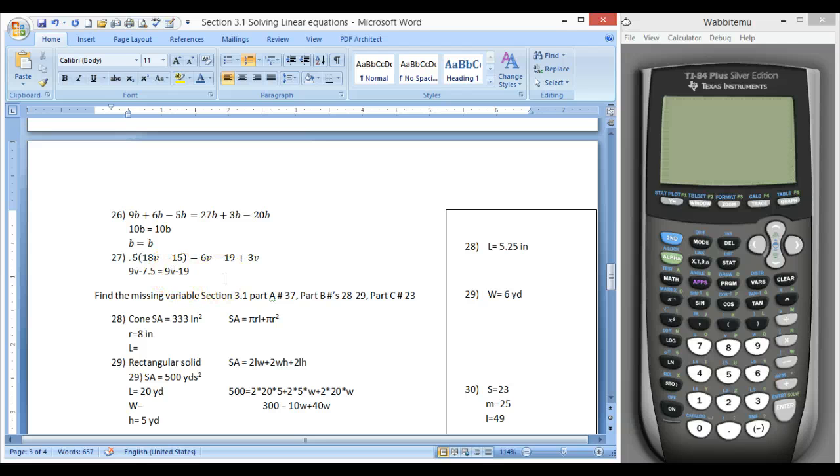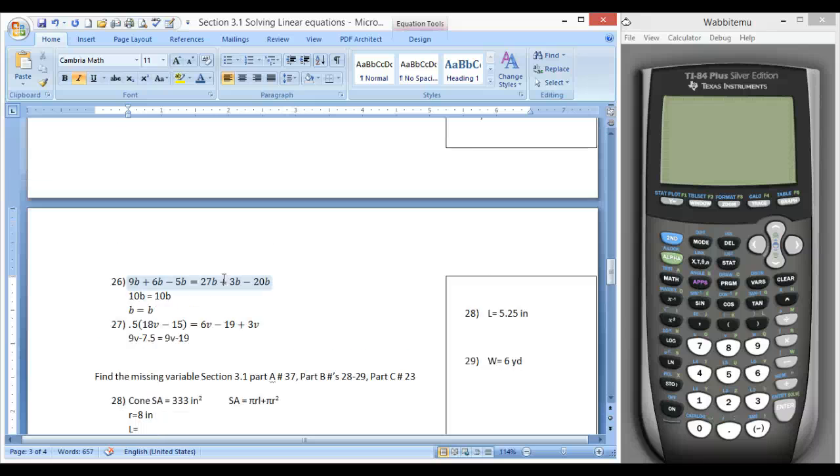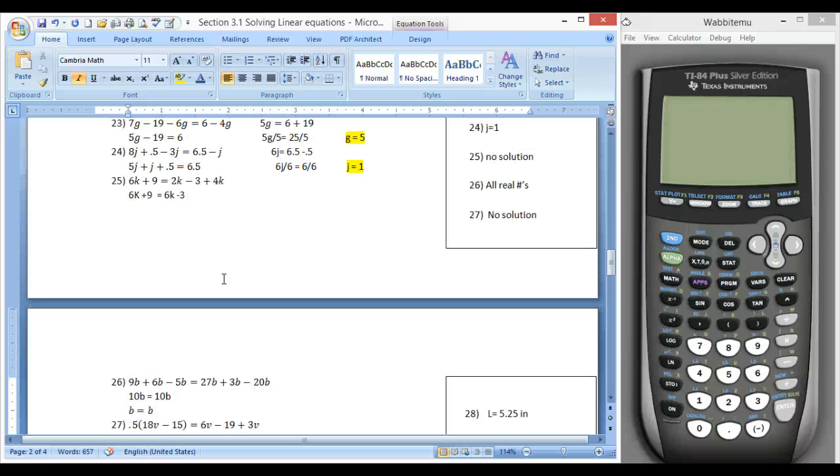That can't happen. I can't have a number multiplied by 9 and subtract different amounts and still end up with an equal sign. But some of you would like to go a step further, and that's fine. It's totally up to you, as long as you understand that when you end up with a crazy equal sign that it doesn't equal, then it's just like number 25 and we get no solution.